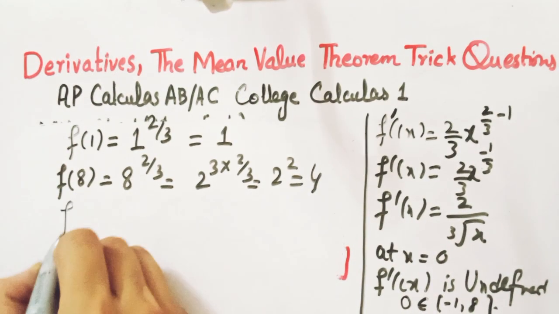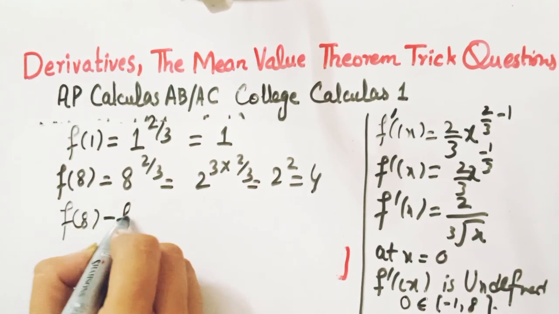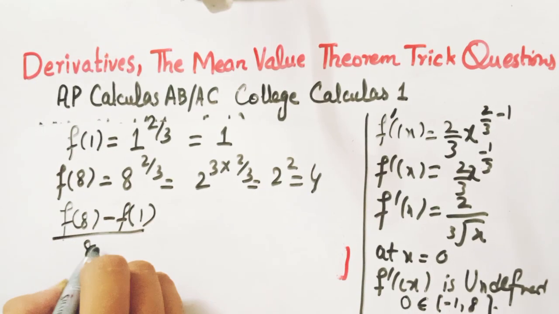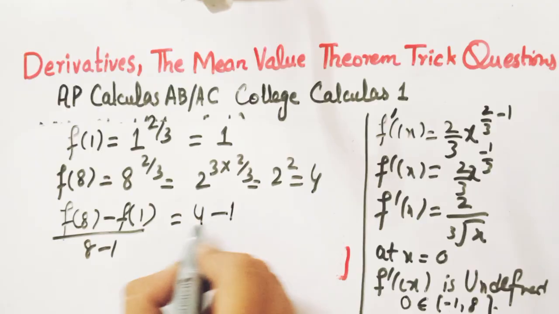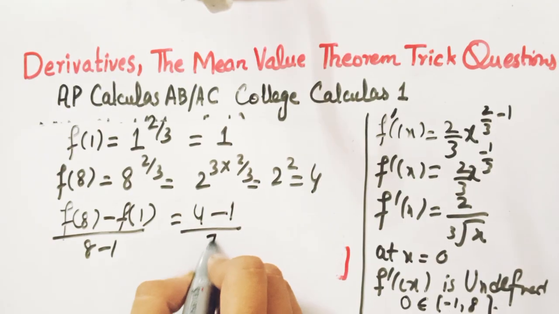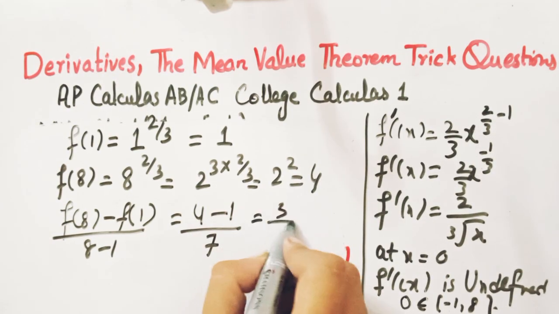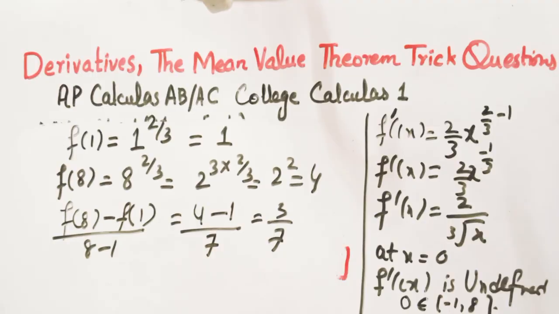So f of 8 minus f of 1, divided by 8 minus 1: f of 8 is 4, f of 1 is 1, divided by 8 minus 1, which is 7. So 3/7. Our average slope across the interval is 3/7.